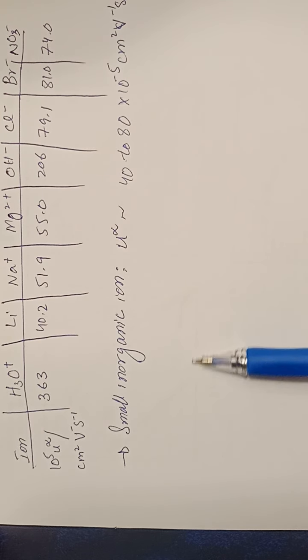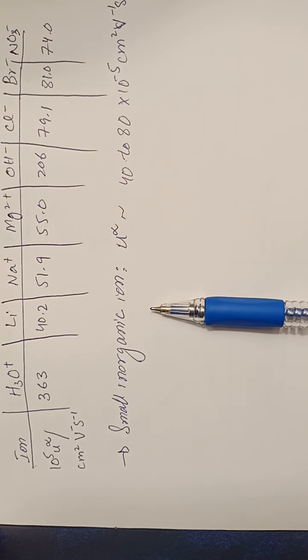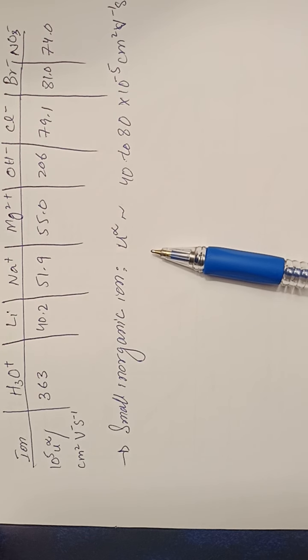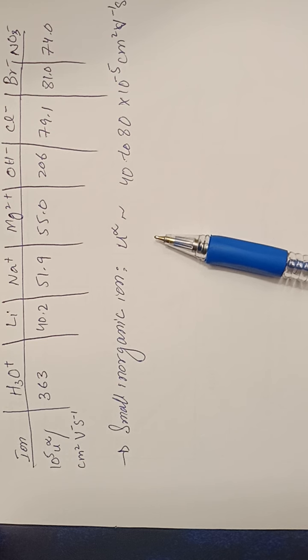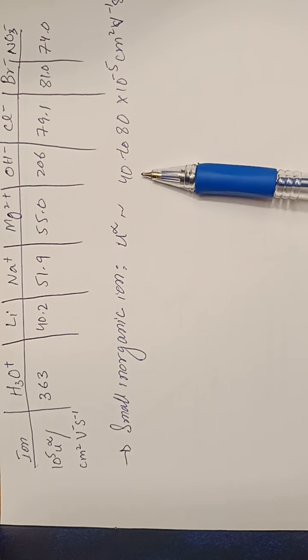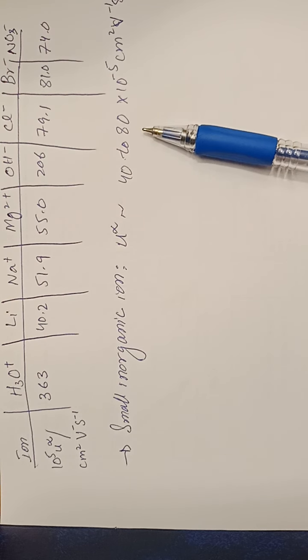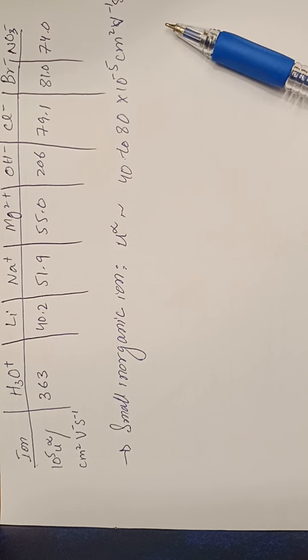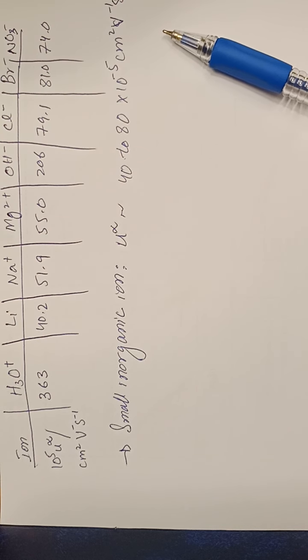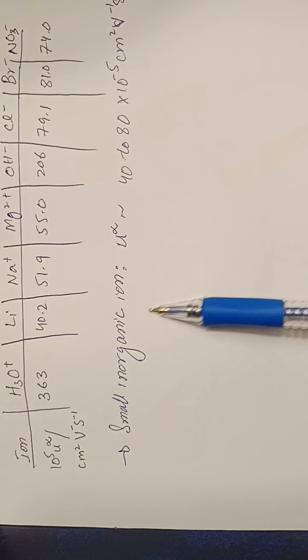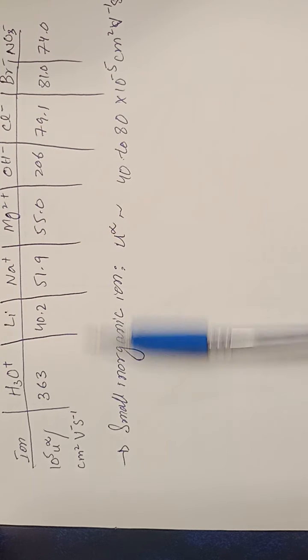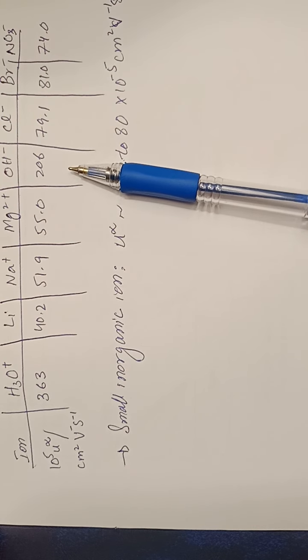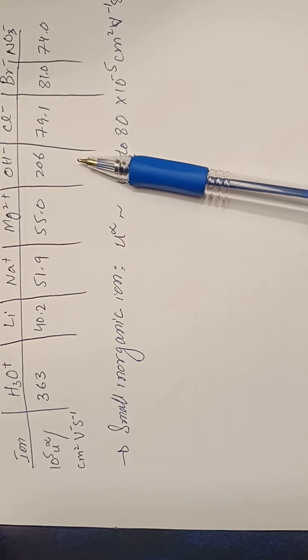It is observed that for small inorganic ions, the mobilities at infinite dilution are usually between 40 and 80 times 10 to the power minus 5 centimeters squared per volt per second. However, the hydronium and hydroxyl ions show abnormally high mobilities.